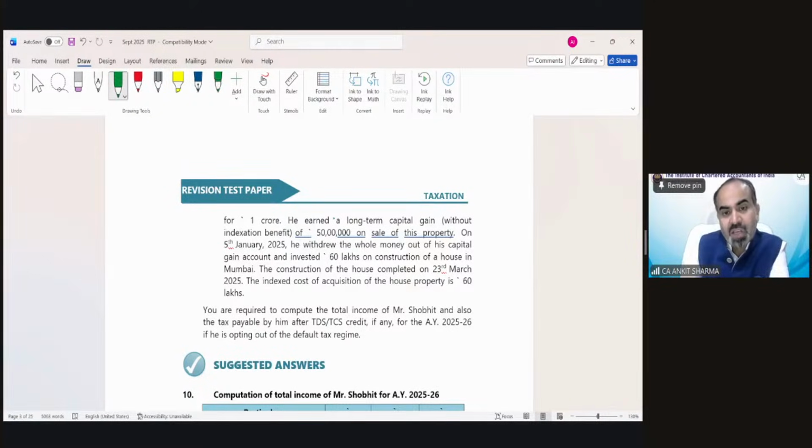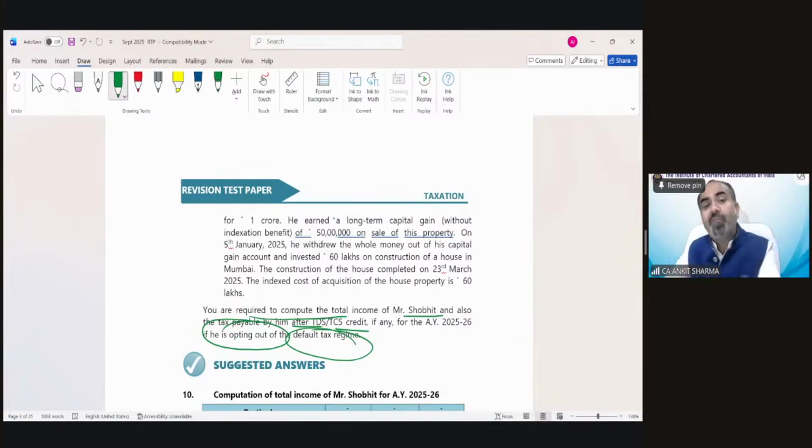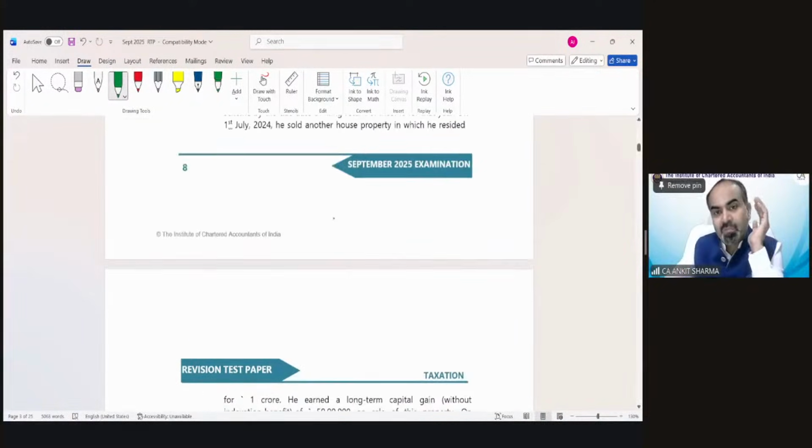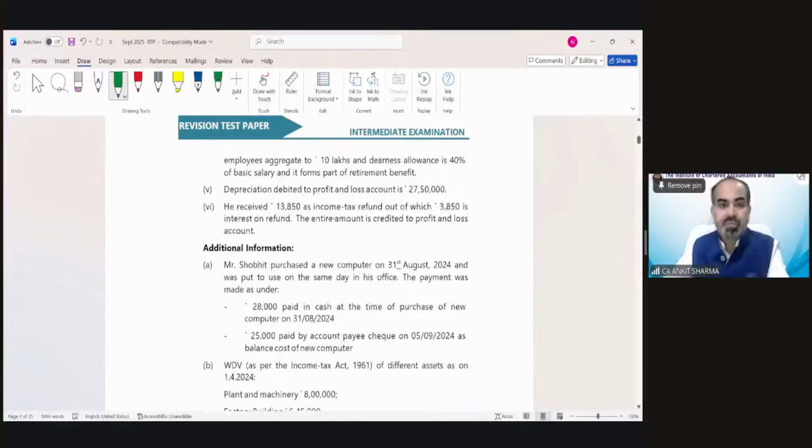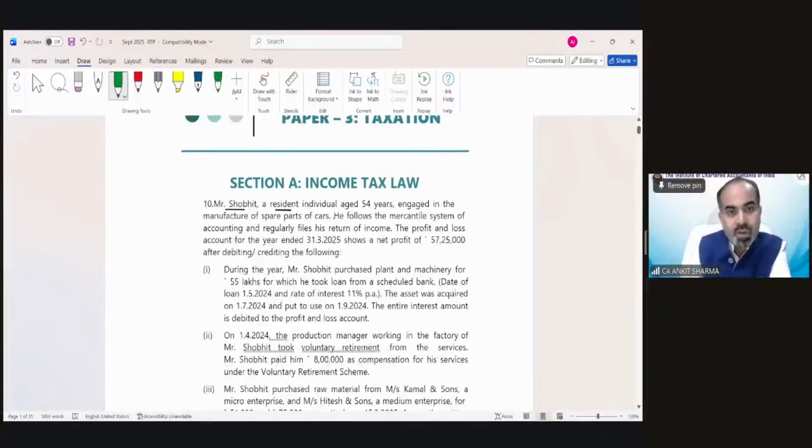The question is asking you to compute the total income of Mr. Shobhit, also the tax after TDS, if he is opting out of the default tax regime. The good news is that we only have to calculate PGBP income under the optional tax regime. So we are going to do the optional tax regime calculation.